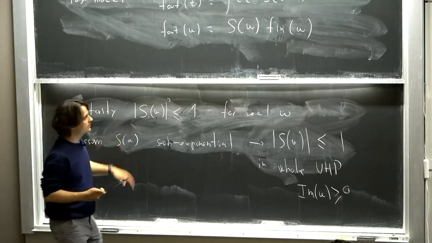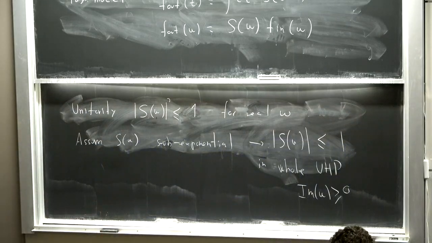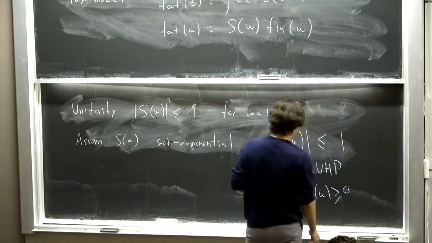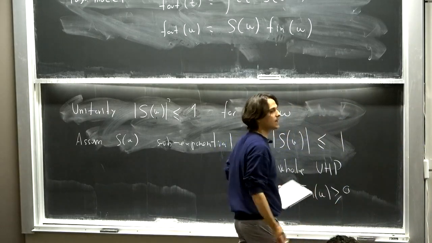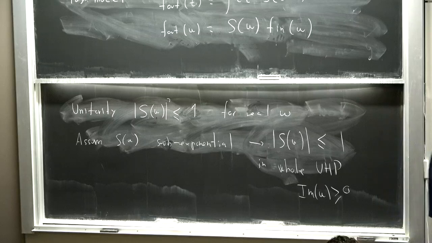Okay, so this is some complex analysis mumbo jumbo, but the point is that we'll see that actually this implies that there's a bound on how big the amplitude can be. Greater than or equal to 0, because that is the upper half plane, so positive imaginary part.